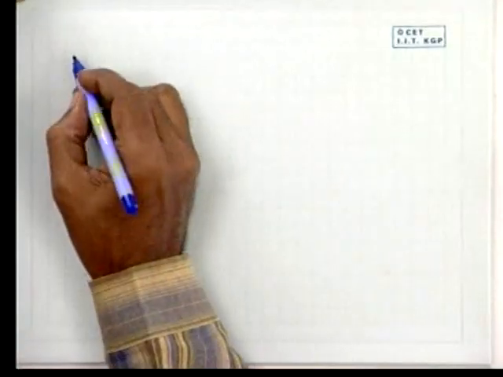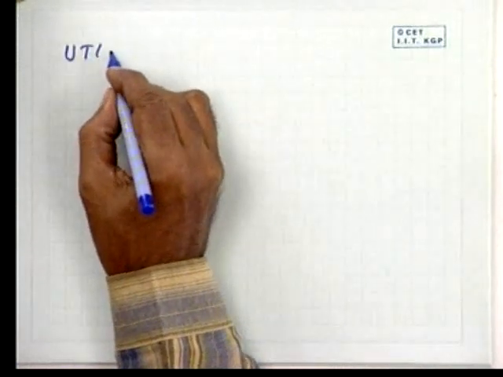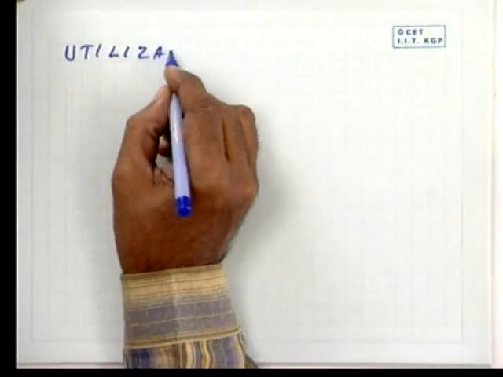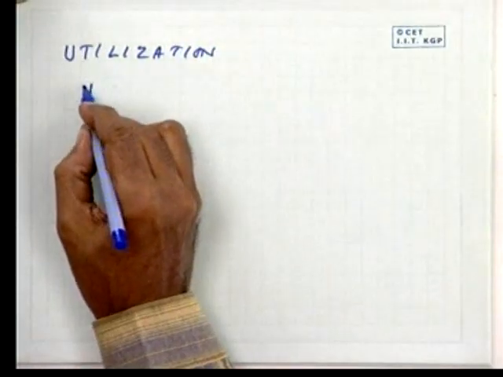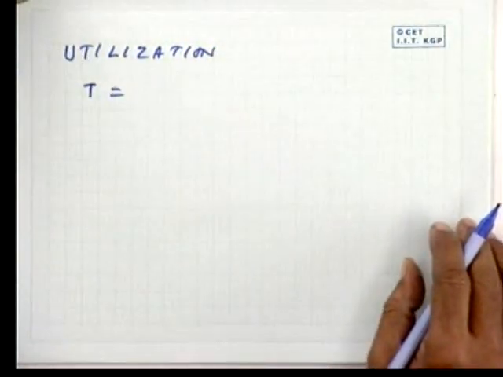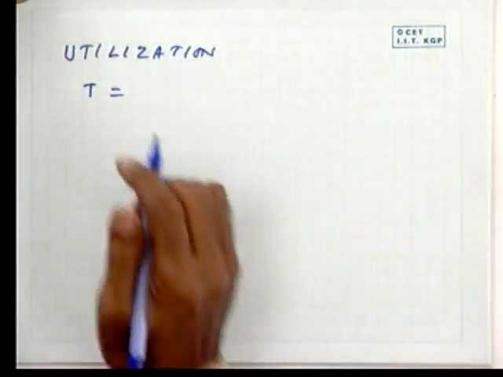Now how do you find out the utilization? What is the total time required for transmitting a frame? Let us try to understand.